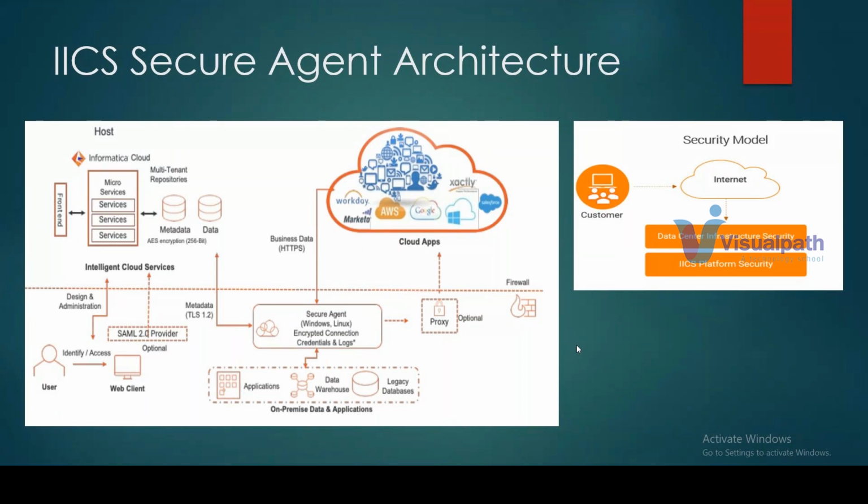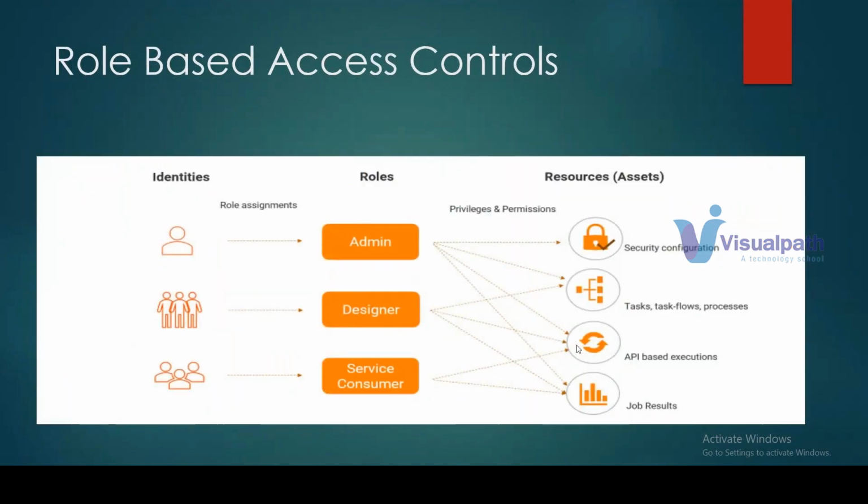And we have identities, roles, and resources, which are called assets in IICS. They are defined in different ways, where you control the execution of your job or you control an asset.